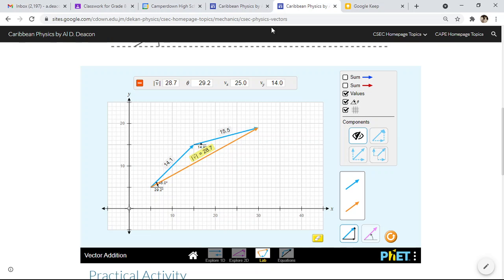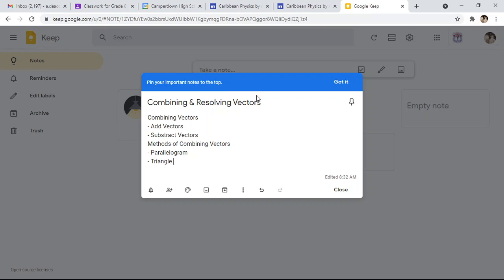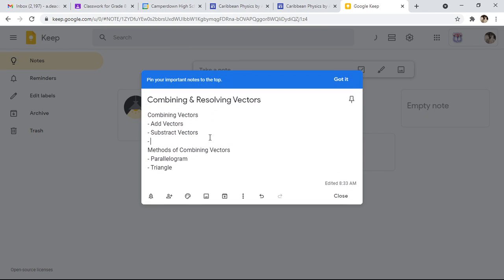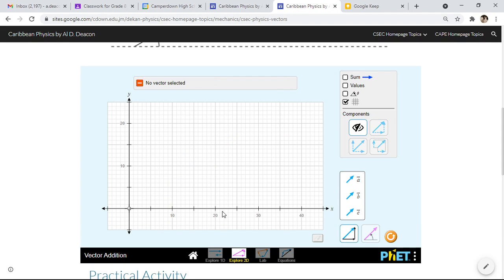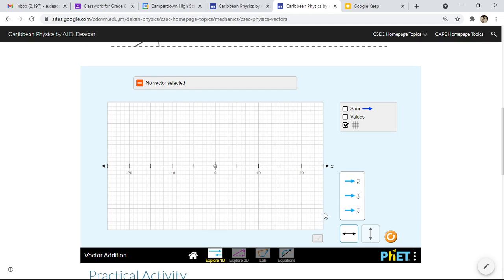Alright. So going over, when combining vectors, you had seen from previous lessons that I can add the vectors and I can subtract the vectors. And we know that these happen like this, both of them going in the same direction.